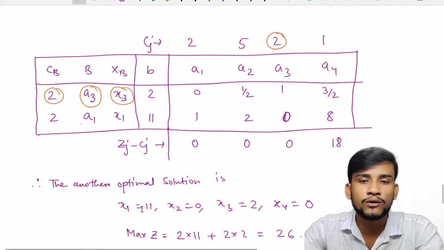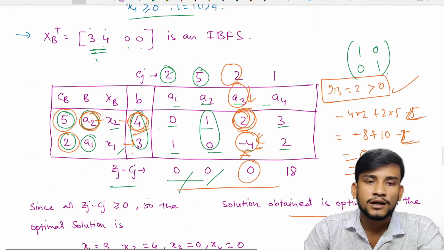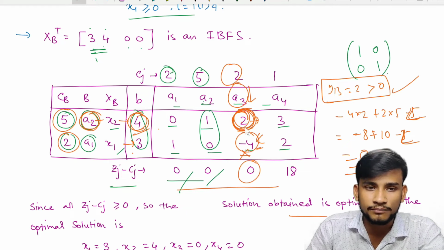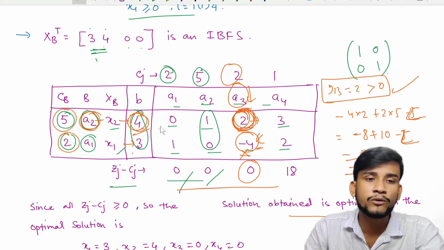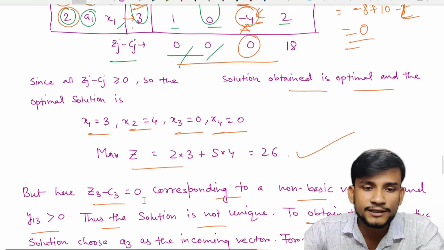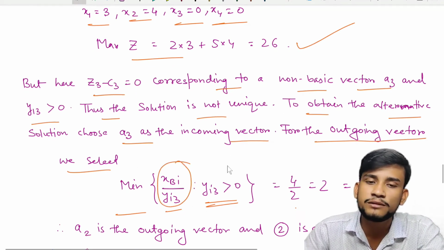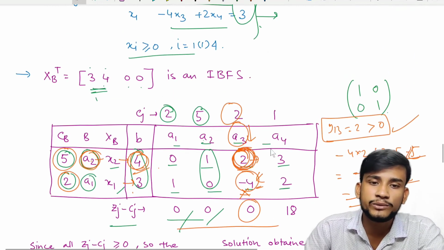Now, this is the key element. Since this element is the minimum, the element for which x bi by yi3 is minimum, this element is said to be the key element.